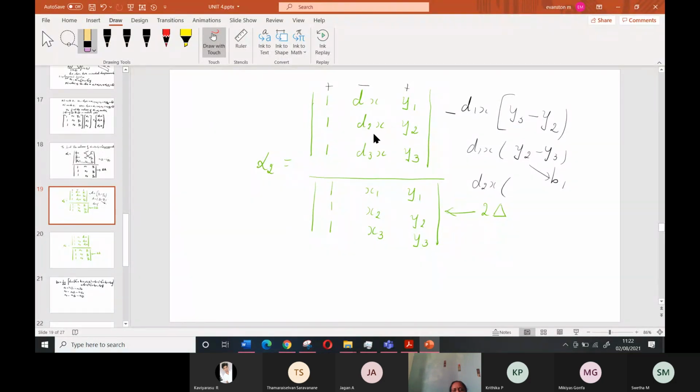B3 is minus y3 minus y1. Then sorry, B2 value. B2 value is like that. B3 value, can you tell me? Somebody tell me B3 value. y2 minus y1. Very good, very good. Now you understood how to find out the value of these things.